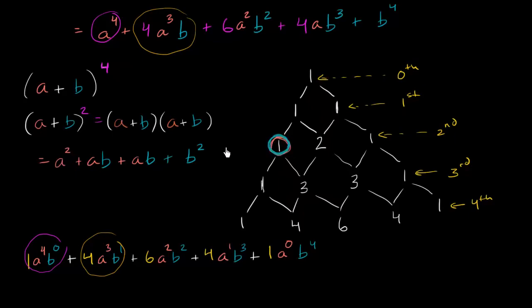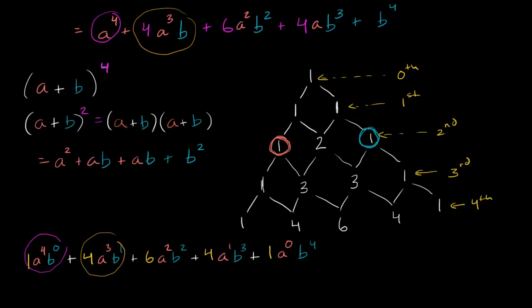Now, how many ways are there of getting the b squared term? Well, there's only one way. Multiply this b times this b. But how many ways are there of getting the ab term, the a to the first, b to the first term? Well, there's two ways. You can multiply this a times that b, or this b times that a.